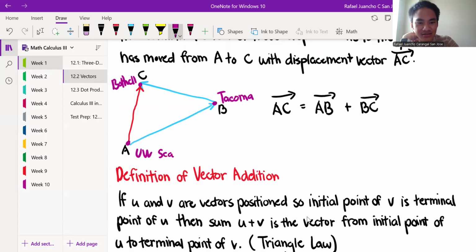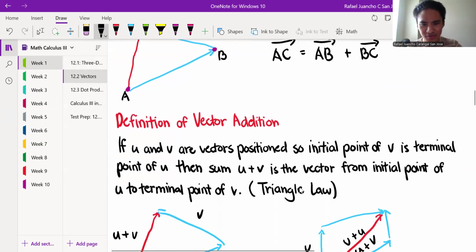From UW Seattle, you go to Tacoma, then you go to Bothell. Or you could go from UW Seattle to Bothell. The displacement is this, but the distance could be this from UW to Tacoma to Bothell, or it could just be this from Seattle to Bothell. I don't know. I'm not from here, so I don't know how long each one takes.